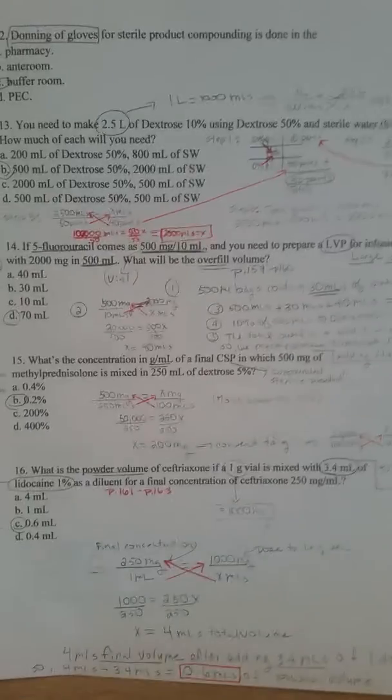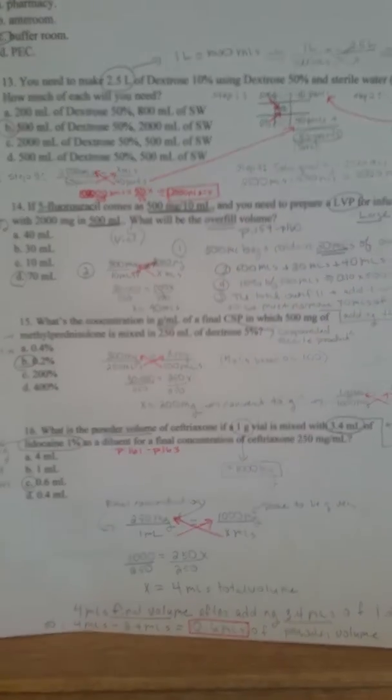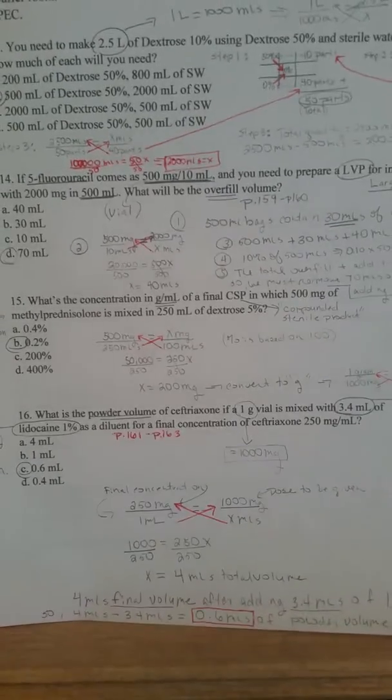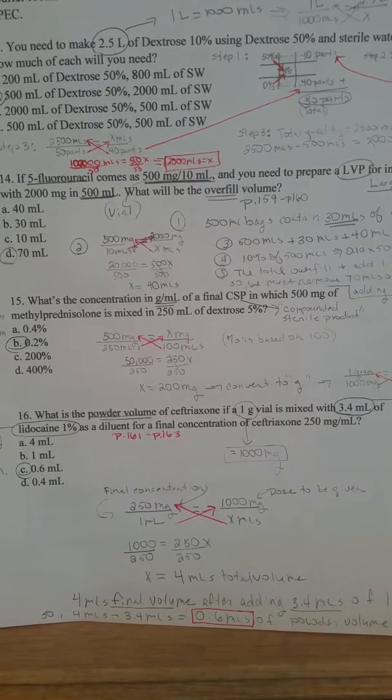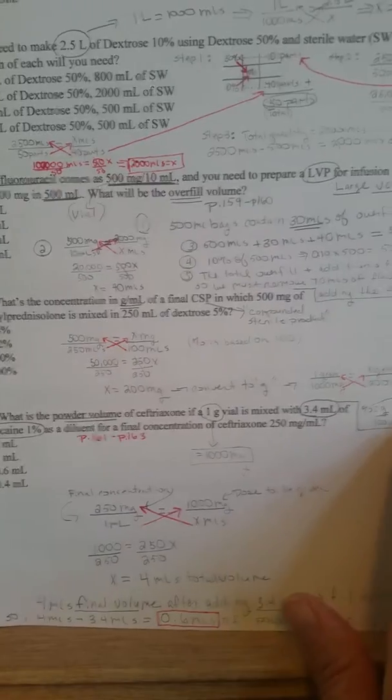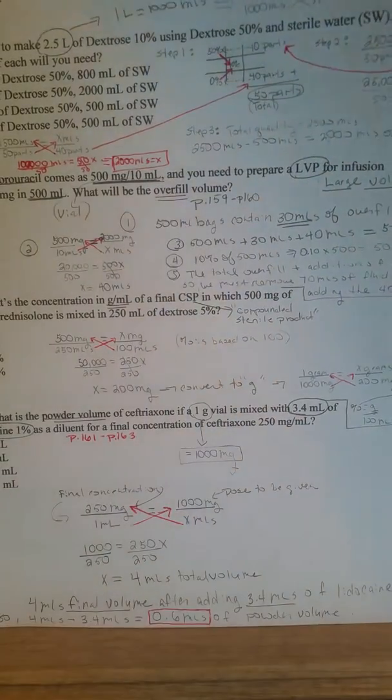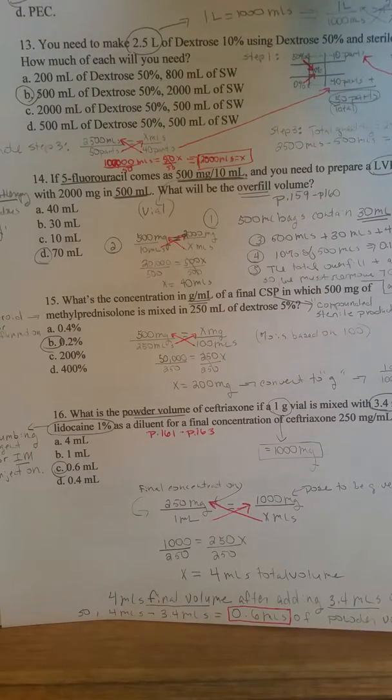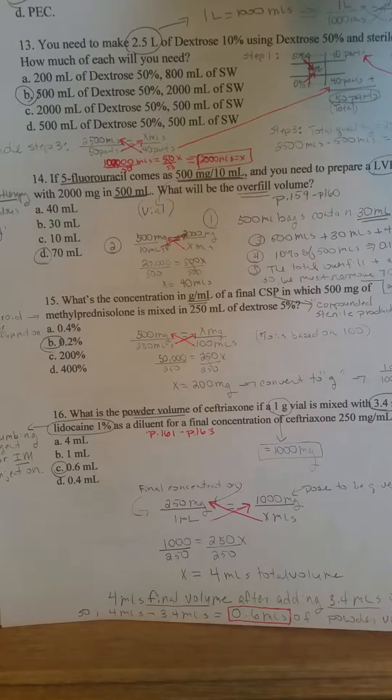So number 14. Okay, so if 5-fluorouracil comes in 500 milligrams per 10 mLs, and you need to prepare a large volume parenteral for infusion with 2,000 milligrams in 500 mLs, what will be the overfill volume?